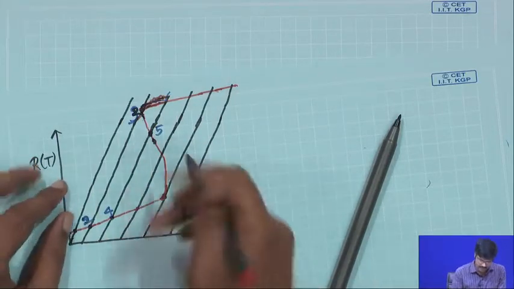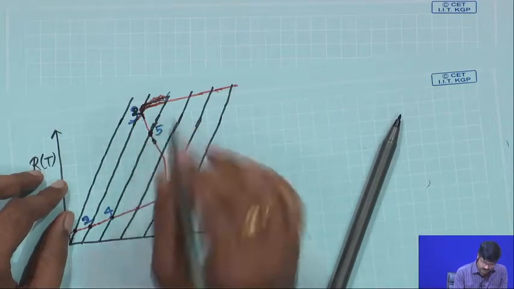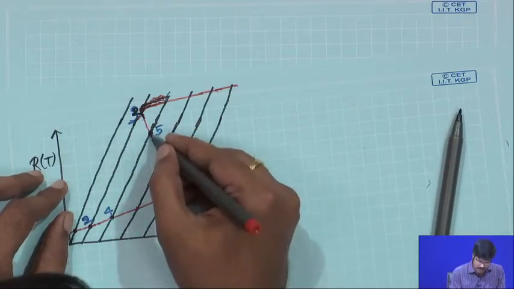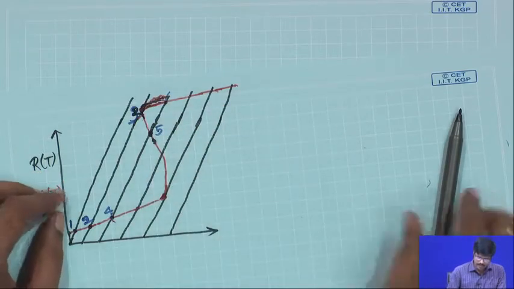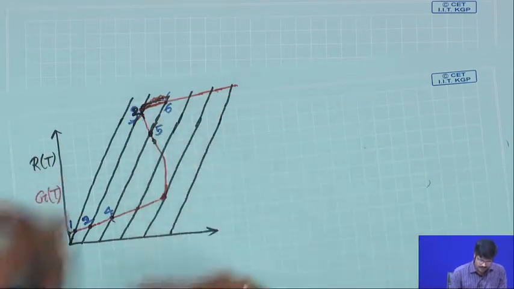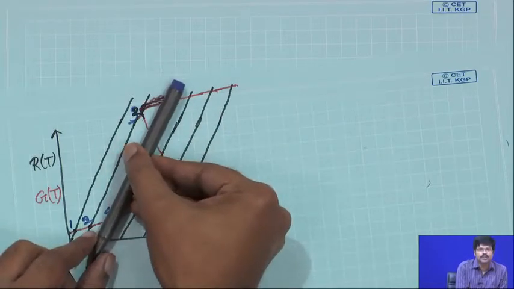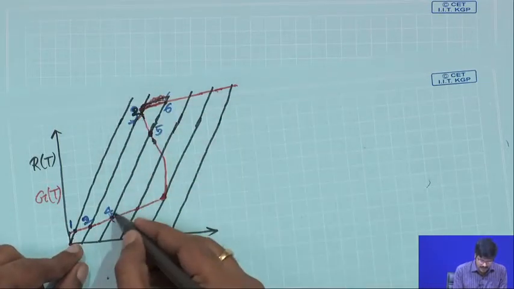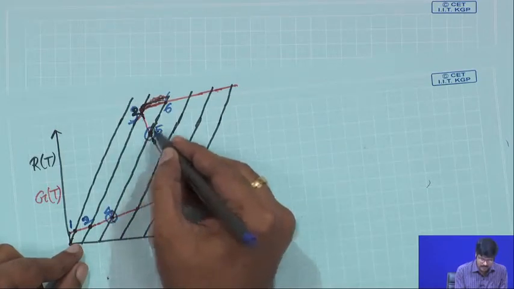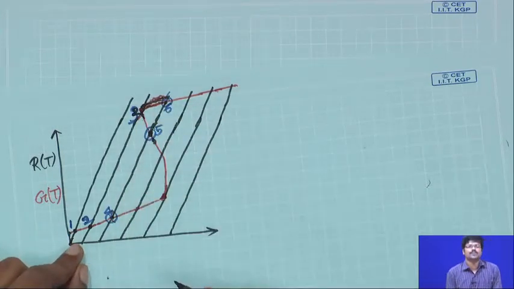I will come to that after. So, this is point 4, 5, and then you have a point which is point 6. So, basically this RT line and the GT line intersect at 3 points, 4, 5, 6.